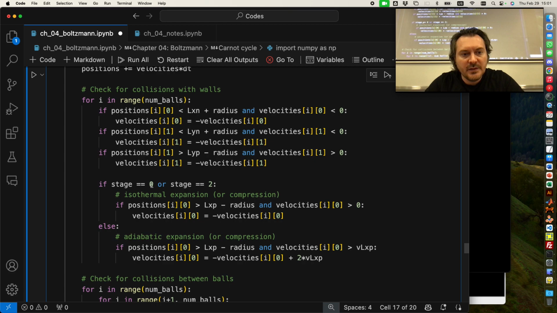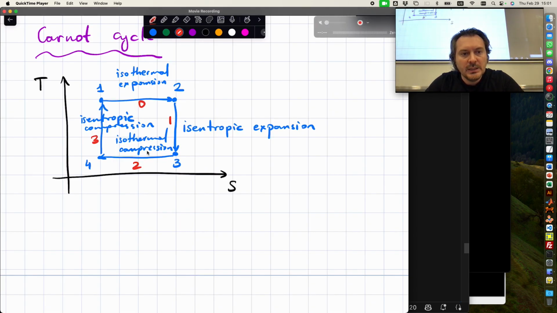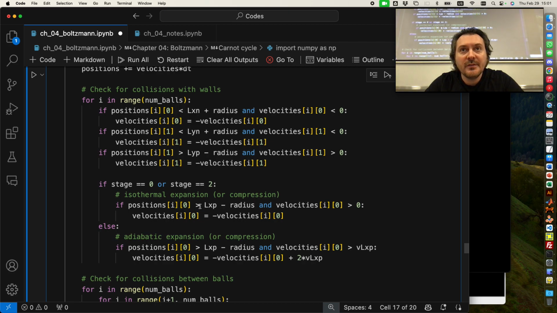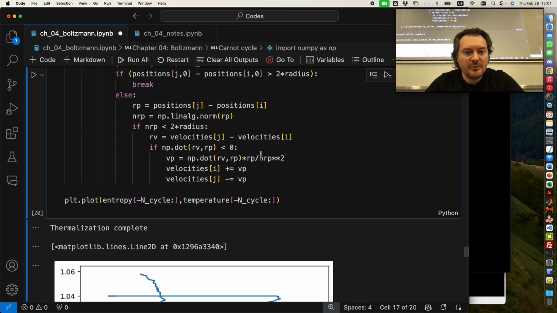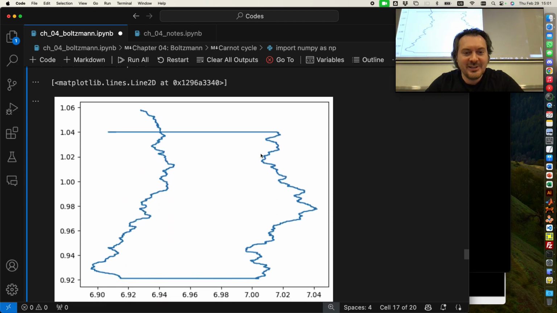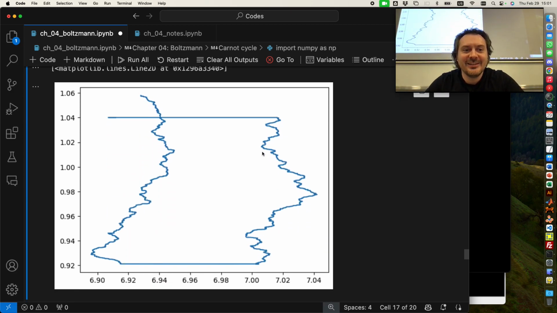At stage 0 and stage 2, we have an isothermal process, right? Otherwise, we have an adiabatic or isentropic process, expansion or compression, doesn't matter. Okay, should we wait and run, or can you see the result?